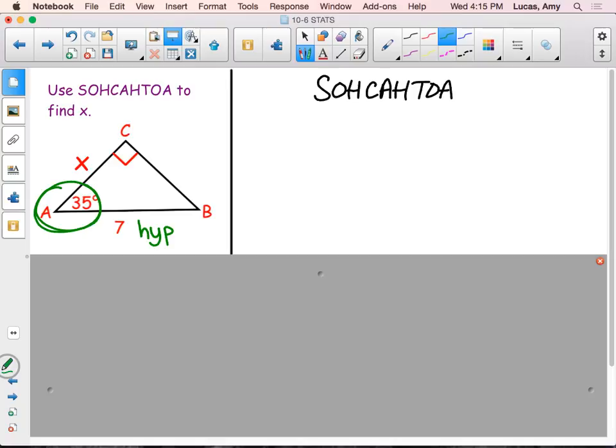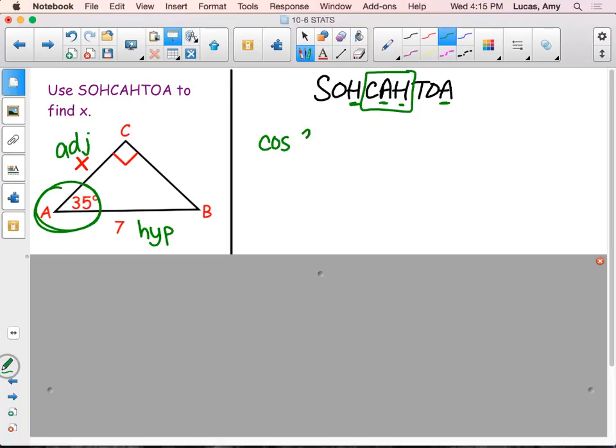And the x is not across from my reference angle A, it is the adjacent side. Remember, adjacent is next to our angle. It's one of the sides that form that angle. So I've got hypotenuse and I've got adjacent. So this one is a cosine.